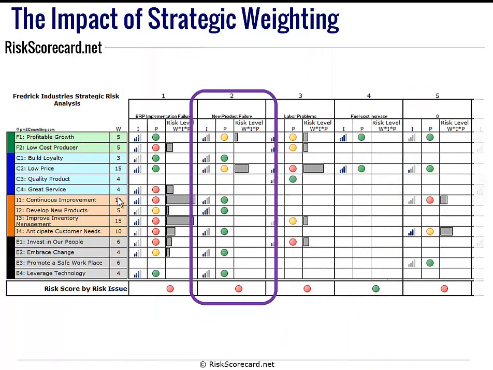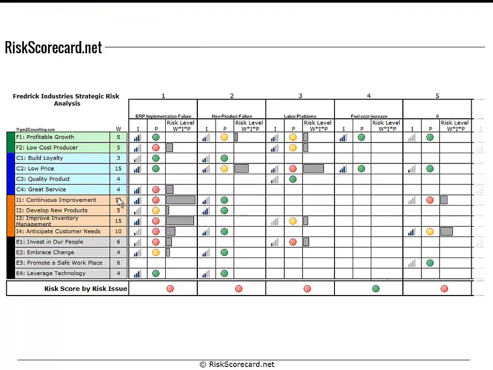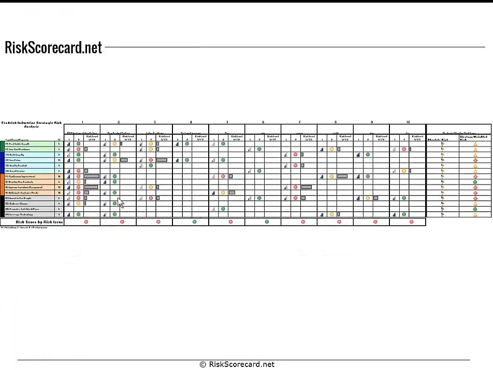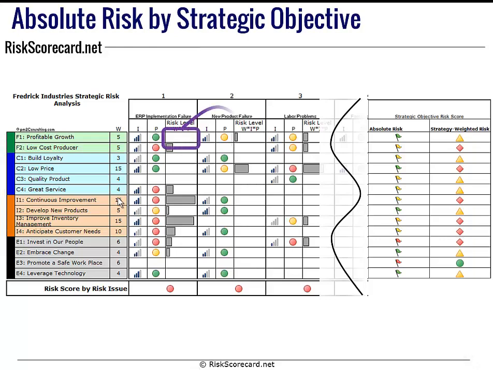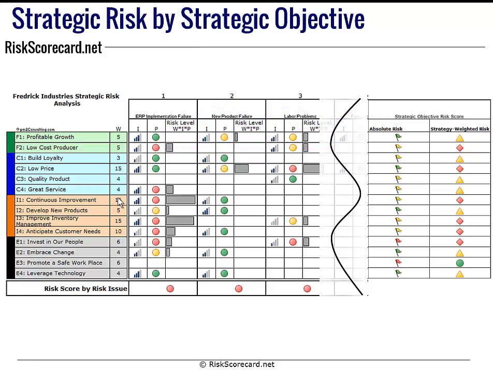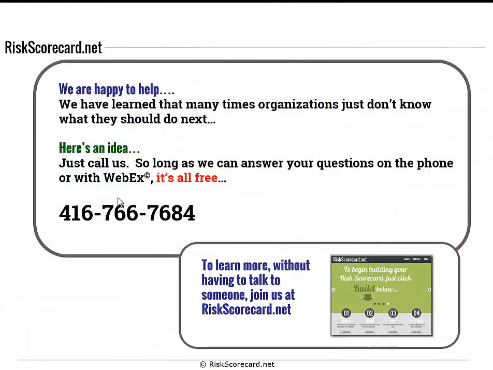We can also see which risks not only are expected, which specific nodes we're concerned about, and even what strategic objectives happen to be at risk by adding up across the overall risk chart. So in this case, we can take a look at what the absolute risk is by strategic objective and the strategy weighted risk. And again, it's simple mathematics by taking a look at that weighted risk, both using the strategic weighting and not, to get visibility of where risks are occurring and leadership needs to pay attention.